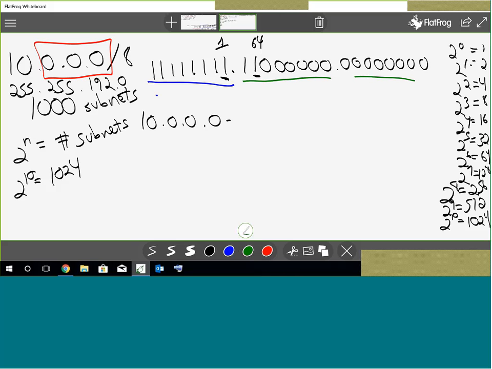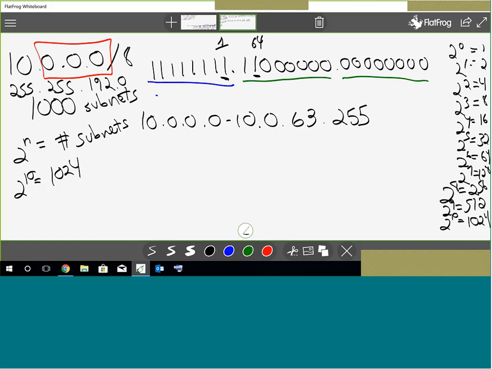We can't change the second octet yet because we haven't rolled the third and fourth octet. What's the variable in the third octet? 64, right? So we rolled the third octet by the variable, but we still haven't rolled the third octet by all possible permutations.